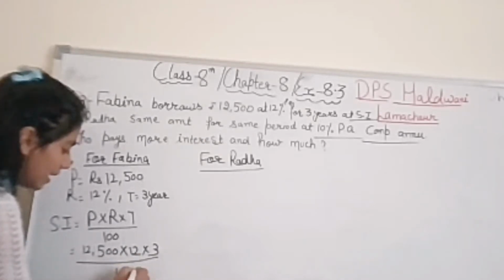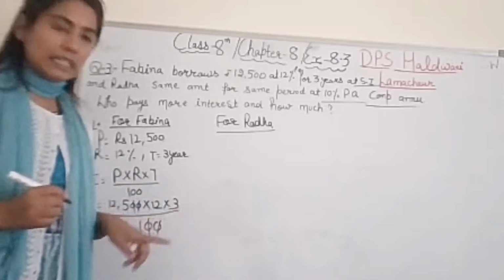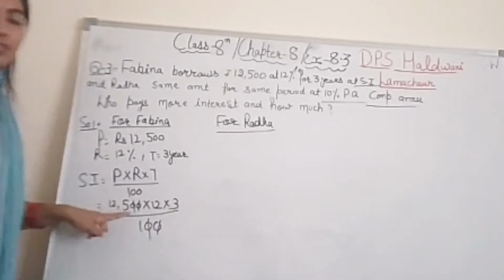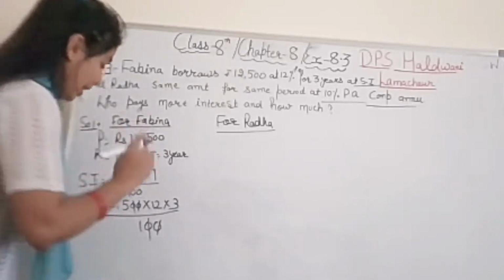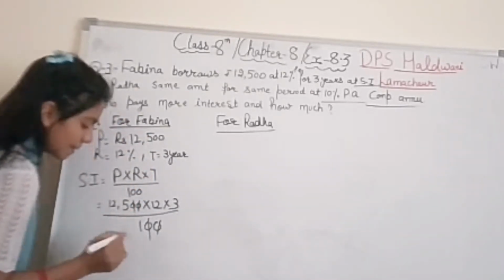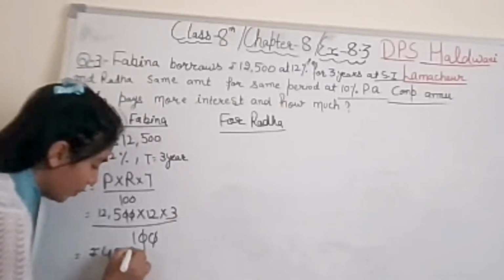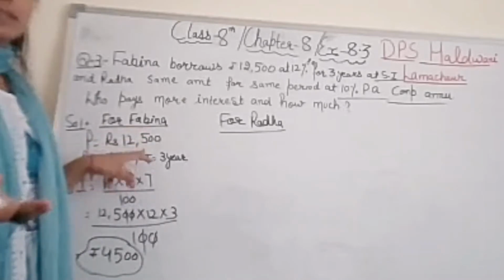Very simple, students. So 0 will cancel out with 2 0. So 12 3s are 36 and 36 into 125. Again I am saying it is just calculation. Okay. So 36 into 125 is rupees 4500. It means this much interest she will pay at simple interest.